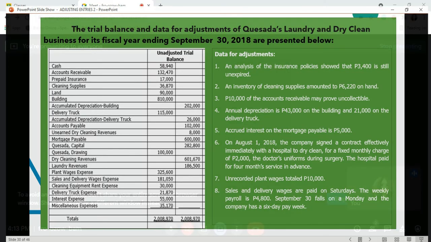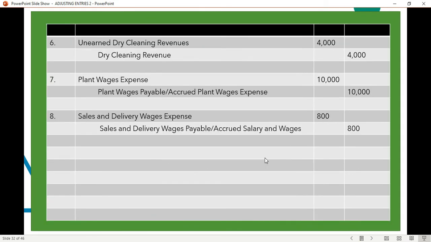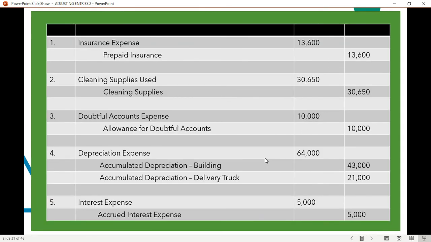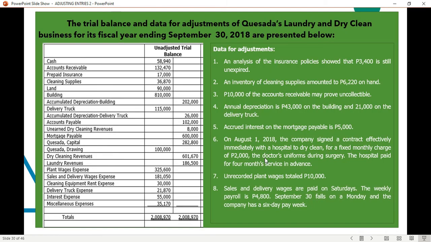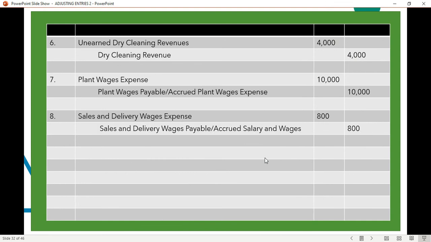Okay, so our adjusting entry for number 8: check the existing account title. So we have sales and delivery wages expense. So our entry should be debit sales and delivery wages expense. Then we credit sales and delivery wages payable.